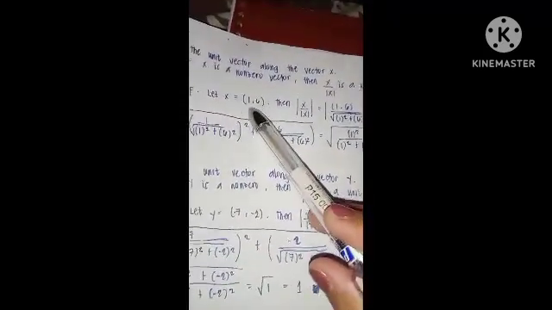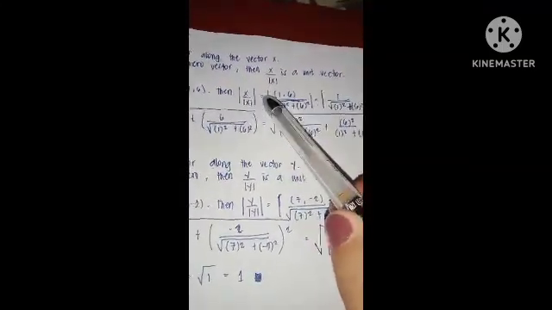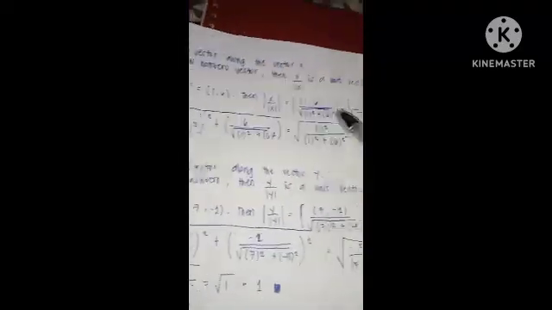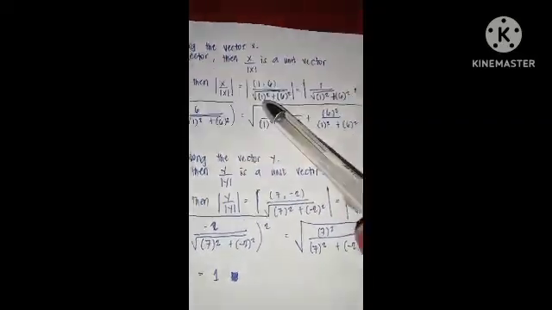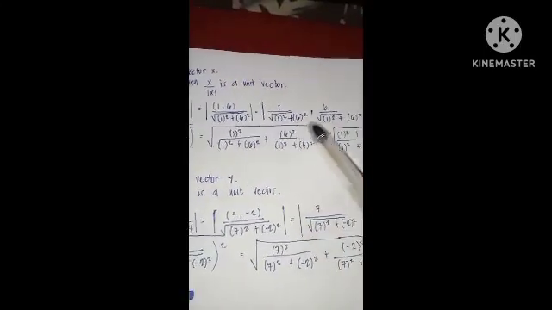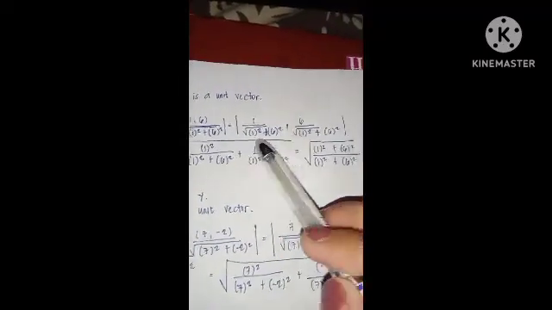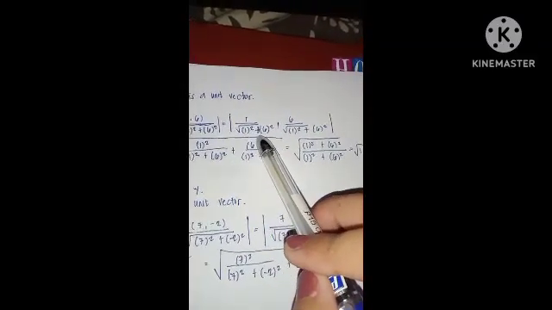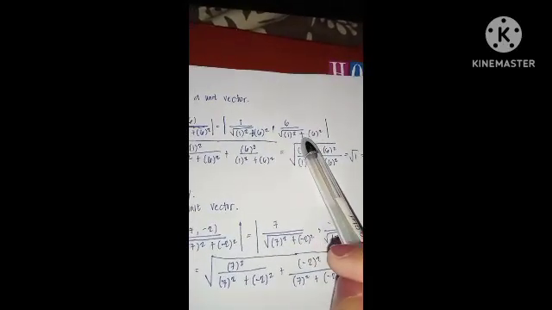So proof, let x be equal to 1 and 6, then x over the absolute value of x, and we substitute it as our value of x here is 1 and 6 and equals to the square root of 1 to the power of 2 plus 6 to the power of 2. So we separate the 1 and 6, so it's like this, 1 over the square root of 1 to the power of 2 plus 6 to the power of 2, 6 over the square root of 1 to the power of 2 plus 6 to the power of 2.